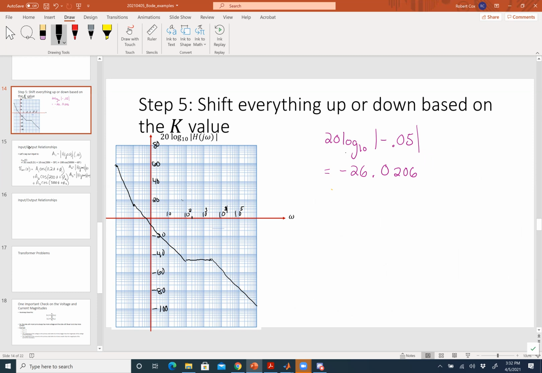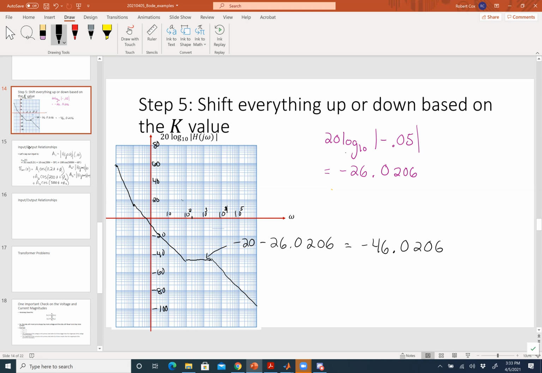In fact, we said what it was there before. If we went back to where this was at negative 20 dB minus the 26.0206, that was the magnitude at that point, which works out to be negative 46.0206.